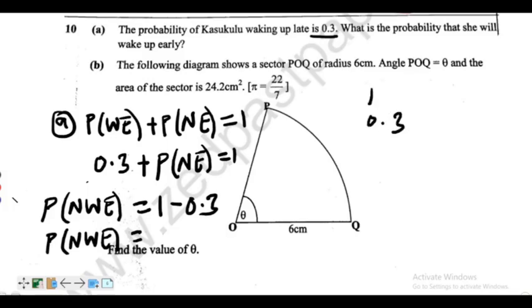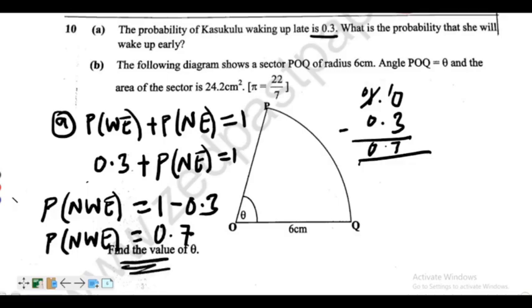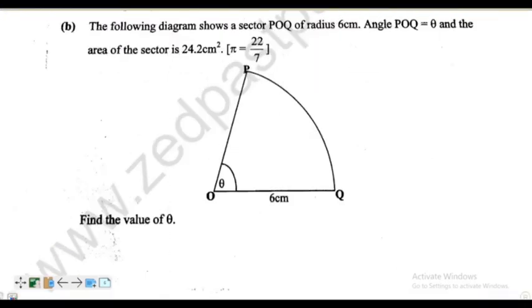This is how you do it. This one is a whole number, so put a point there, then add a 0 so that you balance up the decimal places. So 0 take away 3, it can't, so you borrow from there and remain with a 0. 10 minus 3 is 7. 0 minus 0 is 0. So the probability of this person not waking up early is 0.7. This would be our answer. So we are done answering question A.